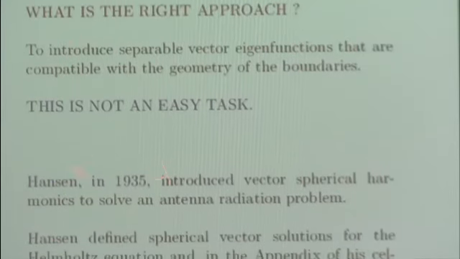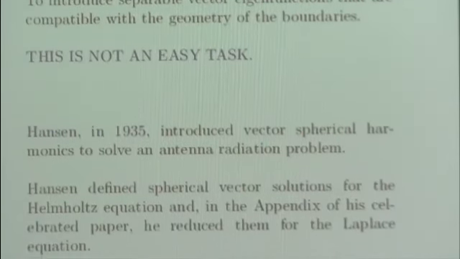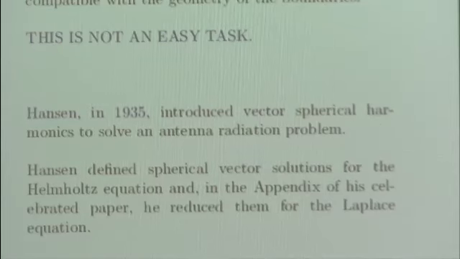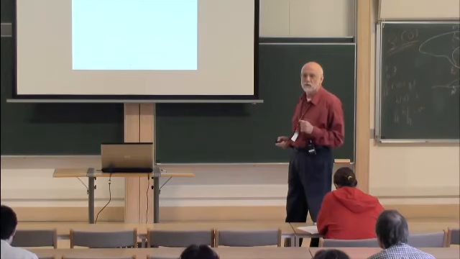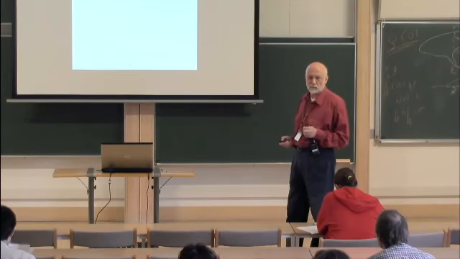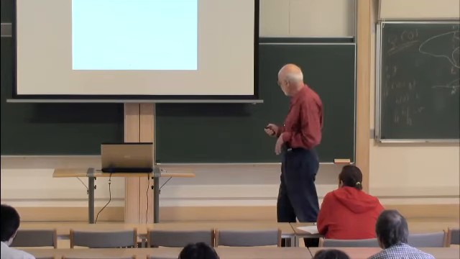In 1935, an electrical engineer at Stanford, Hansen, generated vector spherical harmonics in trying to solve an antenna radiation problem. And in the appendix, he gives some results on how they are reduced to the case of Laplace's equation.